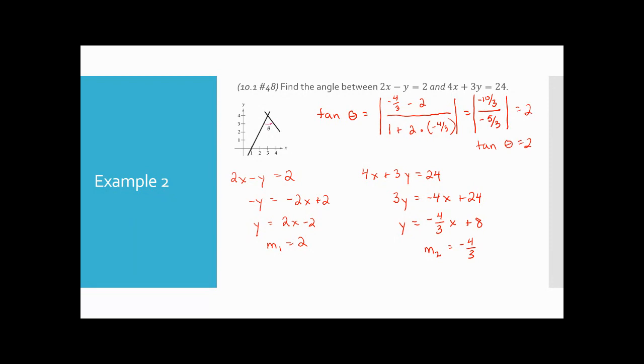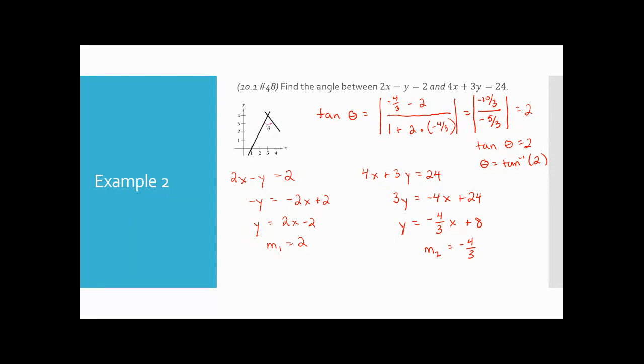And then to find the angle, you're going to do arctan or inverse tan, so tangent inverse of 2. You can do it in radians or degree mode here, because this is not a real situation, so you don't have to use degrees. You can use either one.